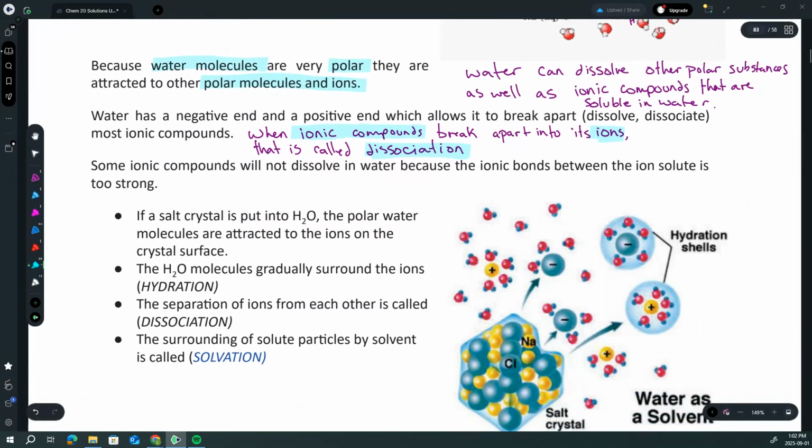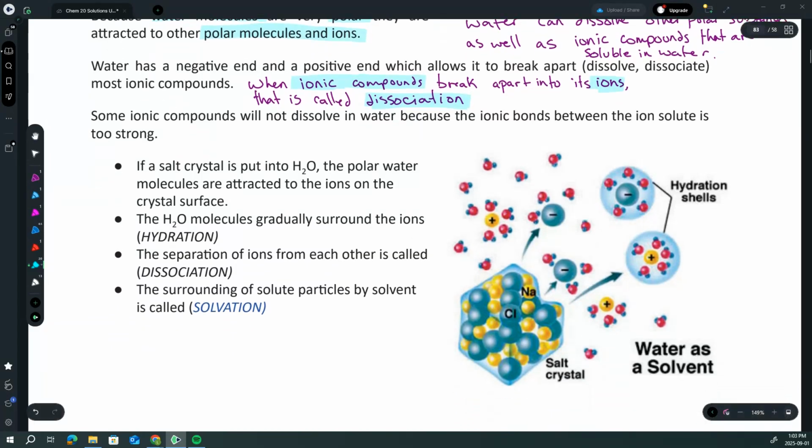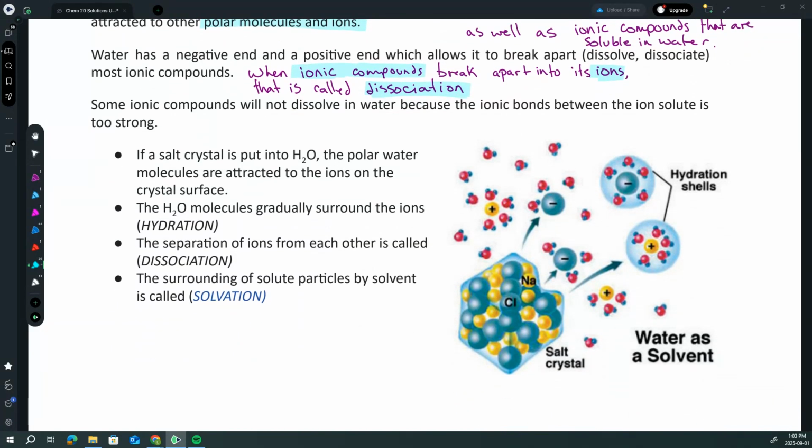Okay, and as we said before, some ionic compounds are not going to dissolve in water because the ionic bonds between the ions of the solute are too strong. Now, if a salt crystal is put into water, the polar water molecules are going to be attracted to the ions on the crystal surface.